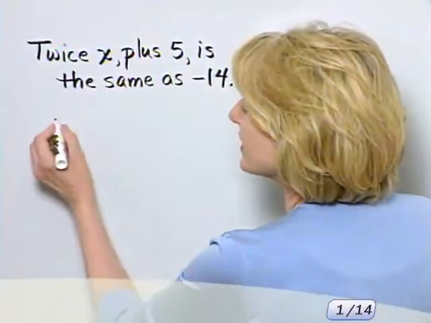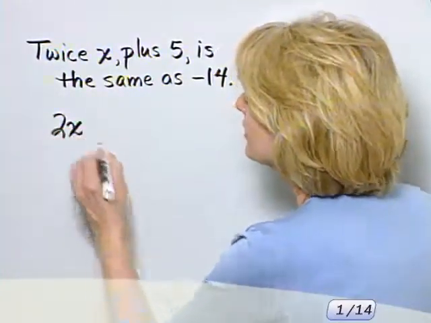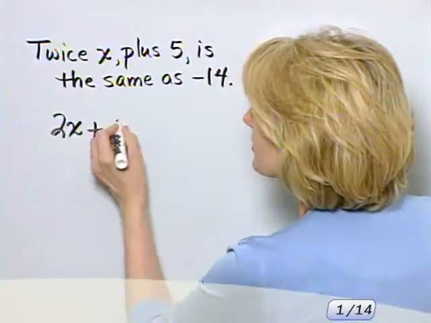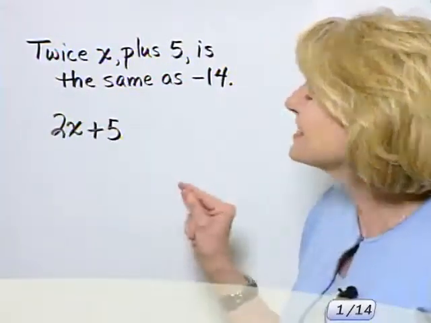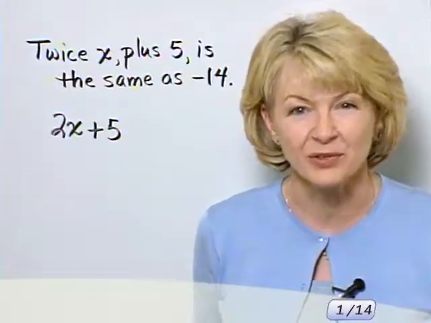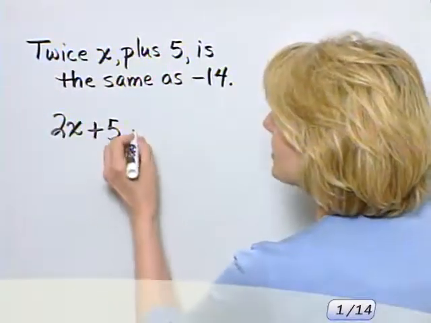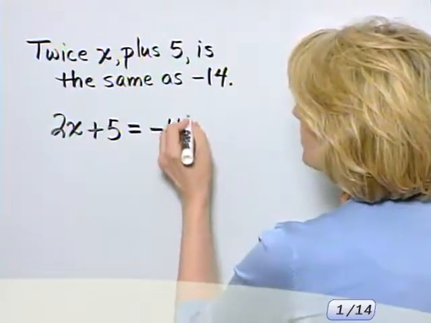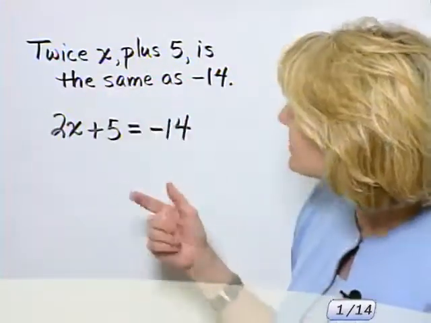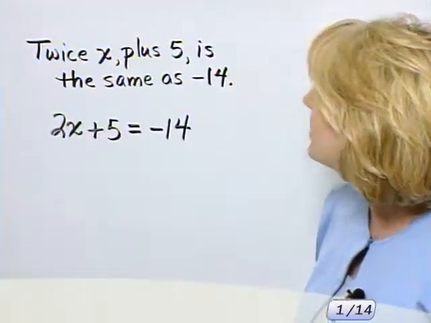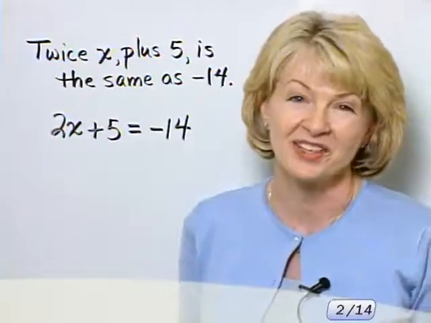So twice x is 2x plus 5, plus means addition, plus 5 is the same as. That's one of those phrases that does mean is equal to. So is the same as, that means equals, negative 14. And we've translated this sentence to an equation. Twice x plus 5 is the same as negative 14.